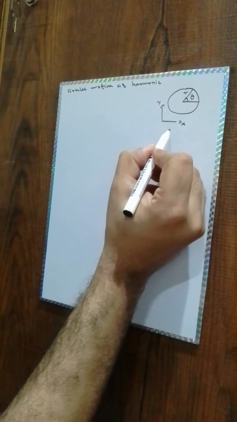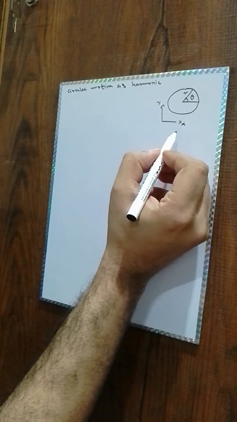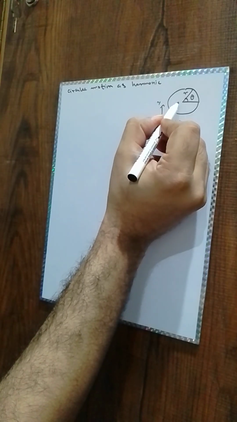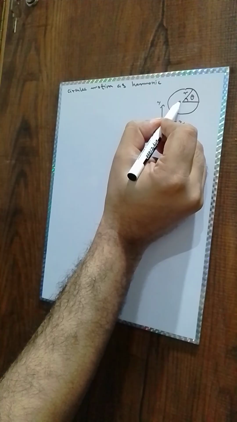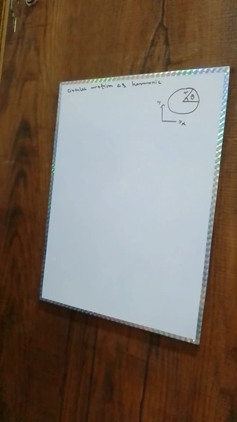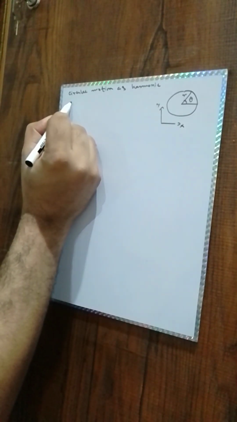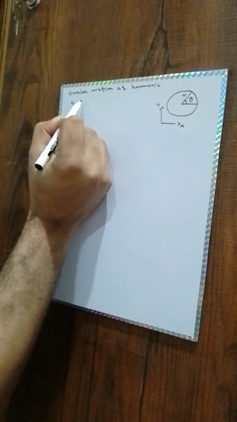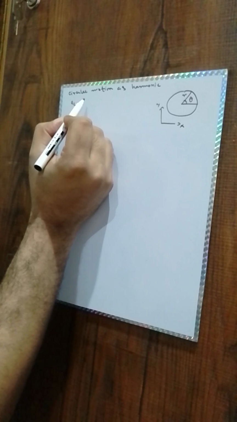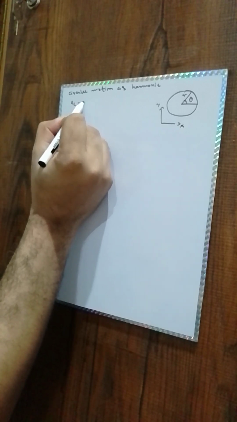So centripetal acceleration AC is directed towards the center. Center is here.